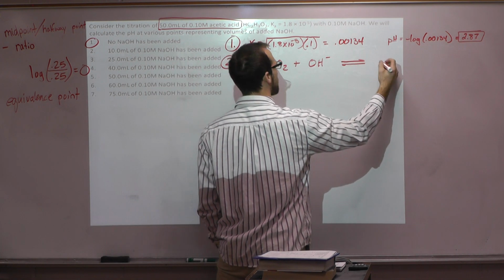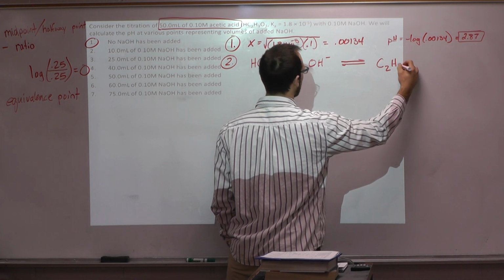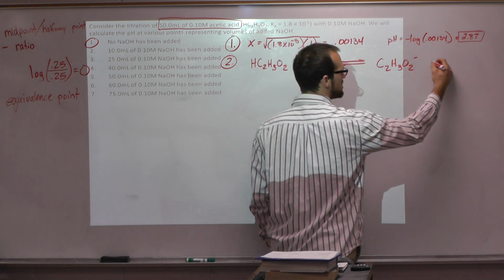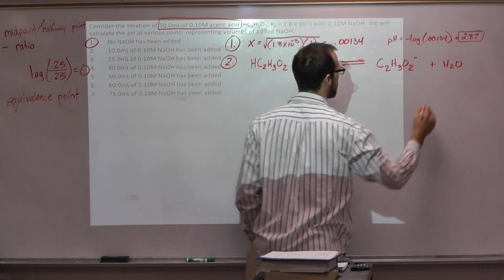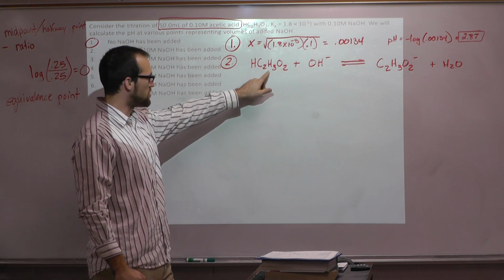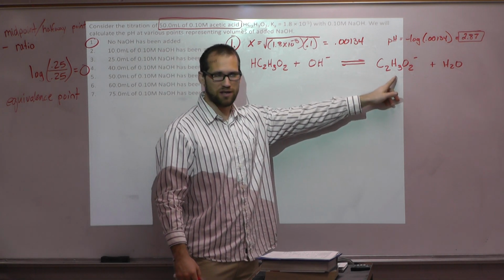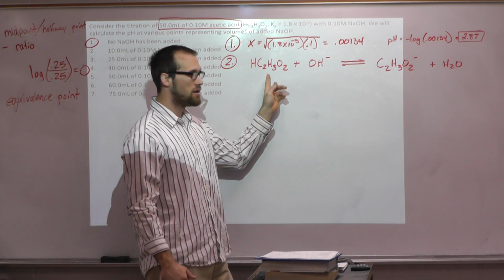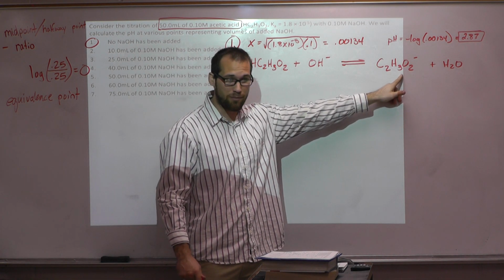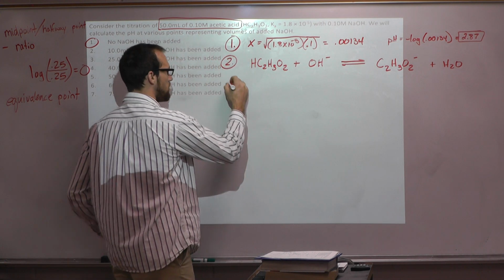Now, what it's going to produce is its conjugate base, and technically H2O, but we can ignore the H2O. What we're doing is taking some weak acid, reacting it with a strong base, leaving the conjugate base. So won't I have a ratio of weak acid to its conjugate just like a buffer problem? Okay? We are going to assume completion.